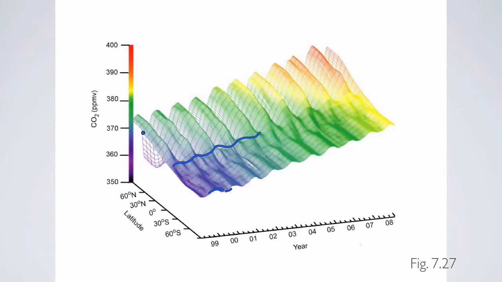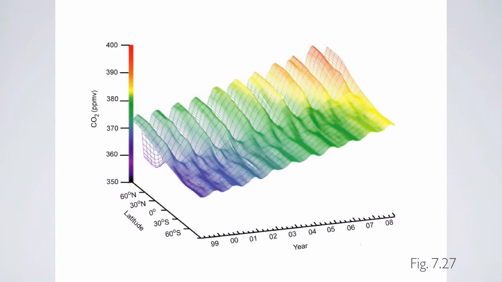So when the northern hemisphere is releasing CO2, that's when the southern hemisphere tends to be taking up the most CO2. The oscillations are damped because the amount of land area that you have in the southern hemisphere is a lot less than you do in the northern hemisphere. So with all of this land and all the CO2 uptake that's occurring, you're going to have a much higher amplitude here than you will in the southern hemisphere.